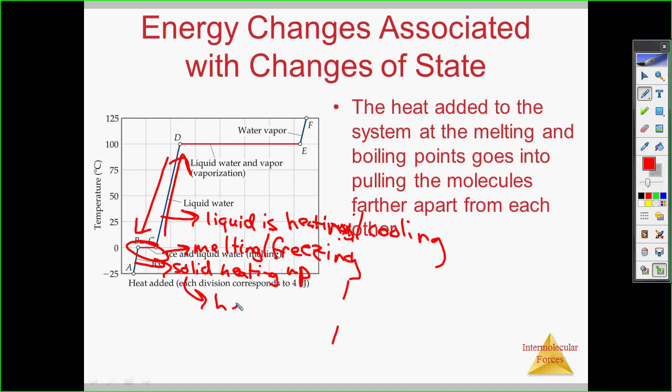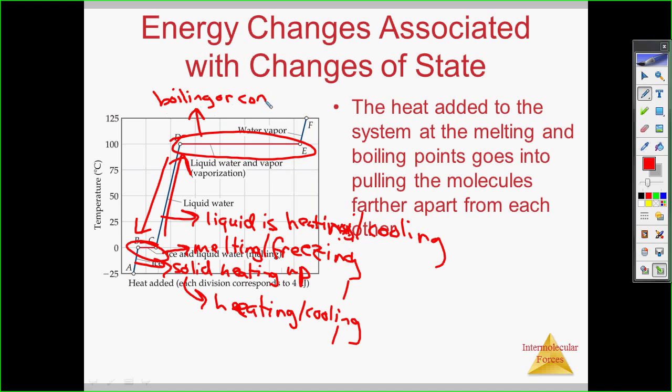This could be heating or cooling too. What happens right here? It's condensing, or boiling. Condensing, or evaporating. And right here, it's gas. Gas is heating or cooling, depending on which way you go.